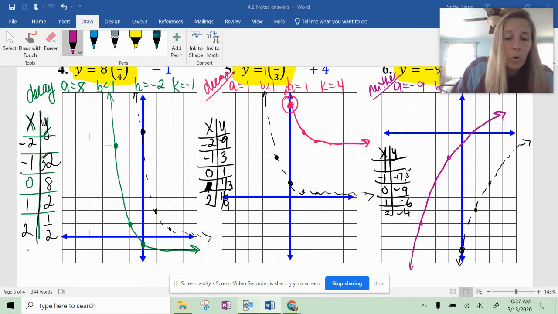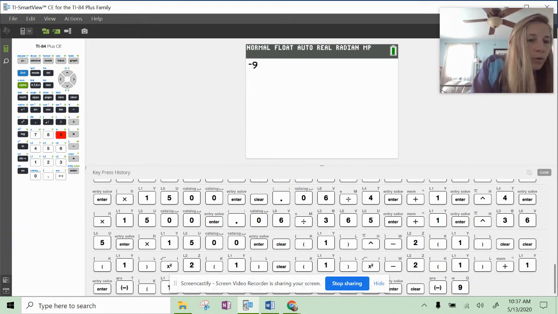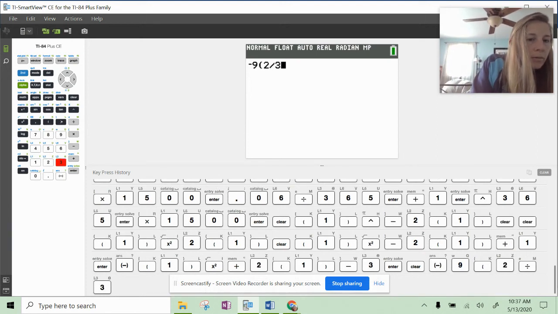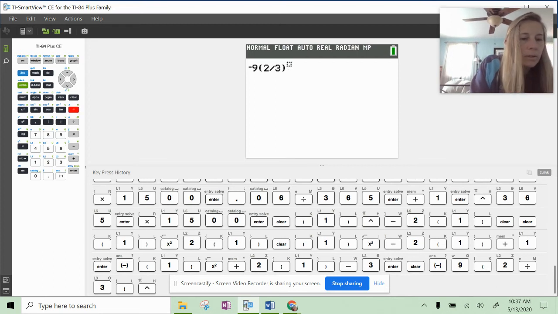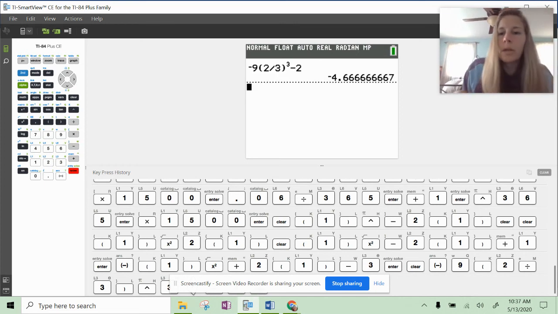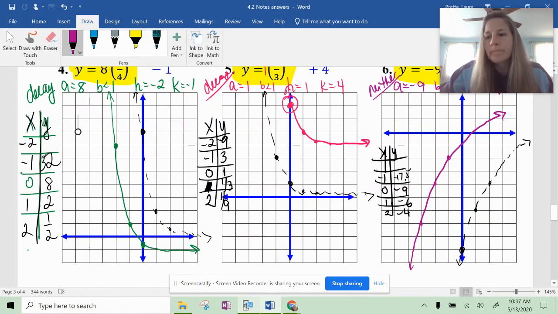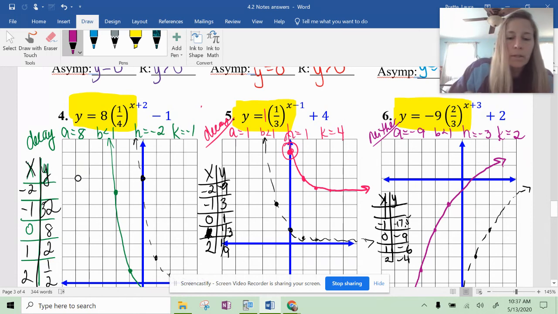So if I go to my calculator here and I type in -9 parenthesis 2 divided by 3 parenthesis, and then I'm going to raise that to, if I put a 0 in, it will just be a 3. And then I have, what's at the end, -2. And I get, wait a second, did I type something wrong there? I can't read my other page. Oh, it's a +2, that's why.